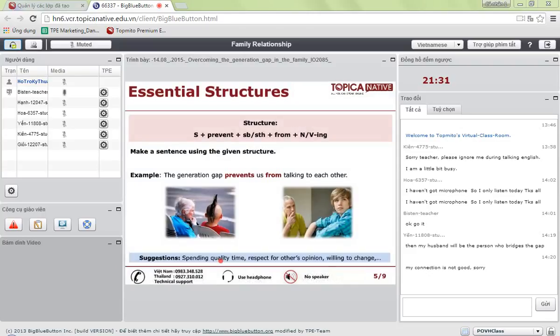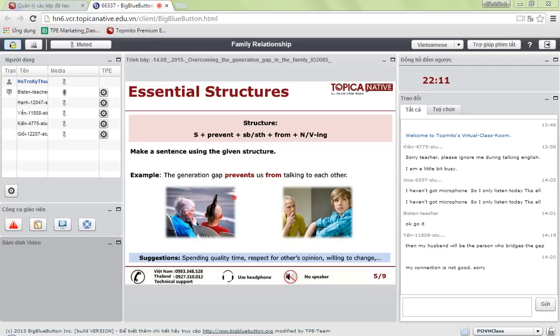Okay, so we continue now to the grammar part of this lesson, where I want to ask you to make sentences with the word prevent. That's not that difficult. We start as usual with the subject, then prevent something or somebody from, and then finish with a noun or verbing. As we see in the example, we start with a subject, the generation gap.